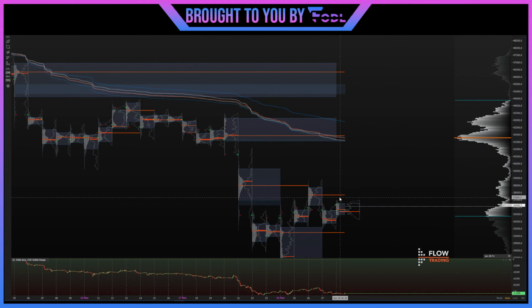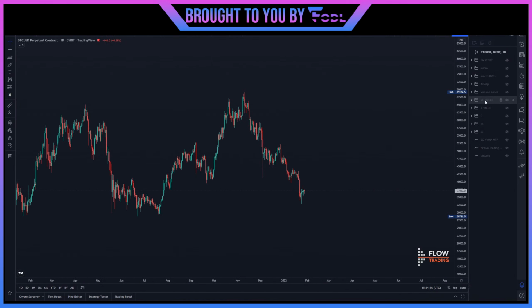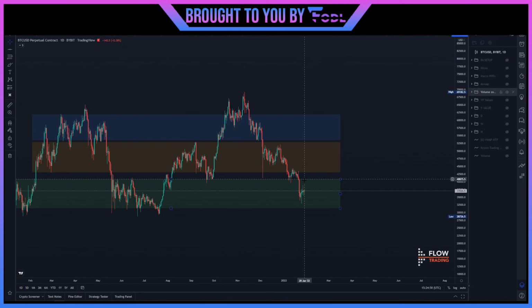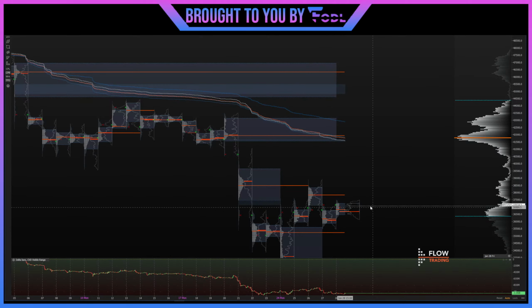So if the price comes all the way up here, then I'd be looking for shorts, which is essentially what I've been telling you when we were looking at the volume zones here: when we get to the top here, that's around $42,000, $43,000. So that's basically what I'm saying. It's exactly the same thing. We get to around this level, $42,000, and I'll be looking to go short.